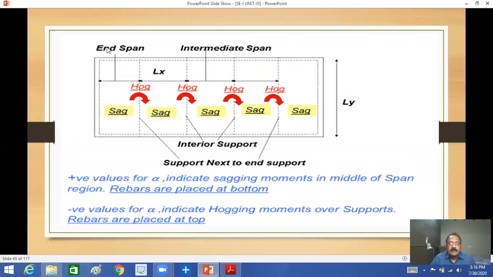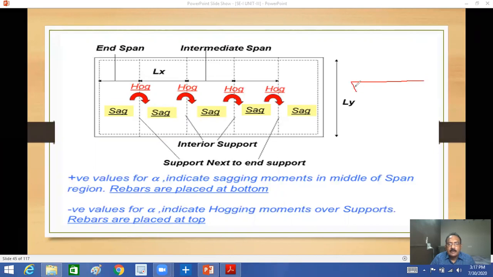Suppose there is a span, and sagging is in between.